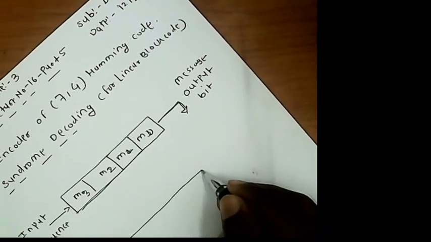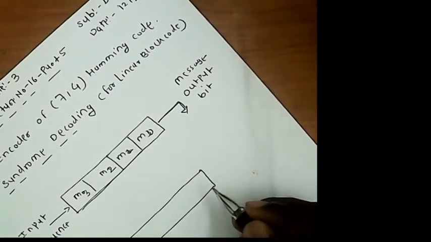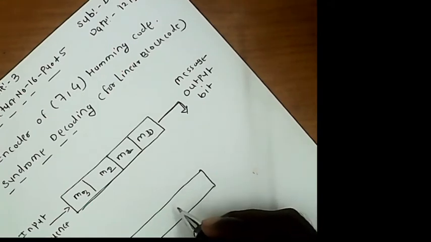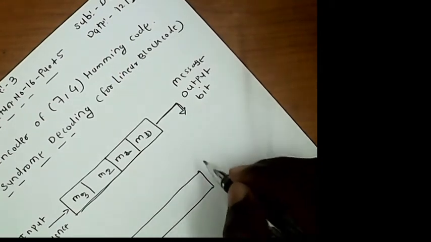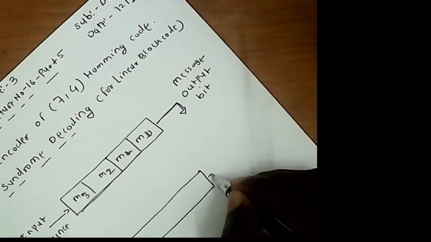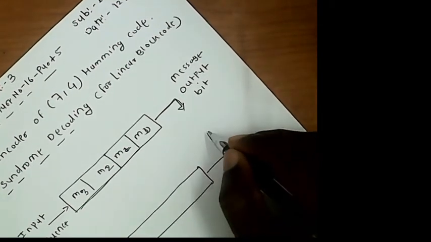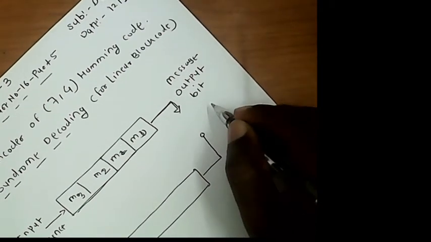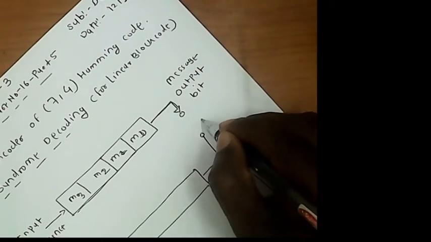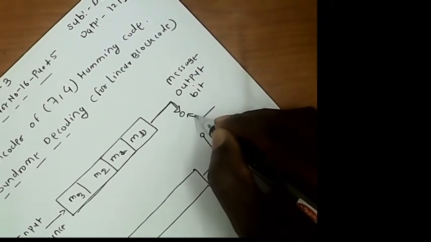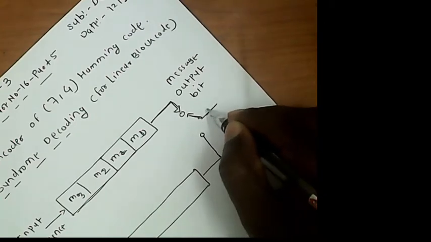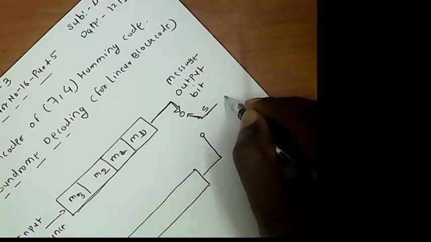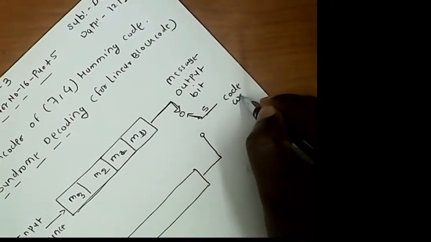From the given message bits we can find out the parity bits. So these are your parity bits. Here is a switch, that is S, which produces a code word.